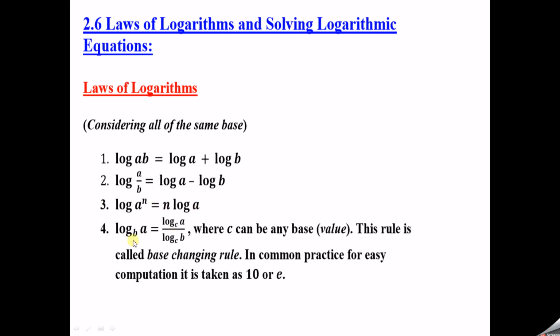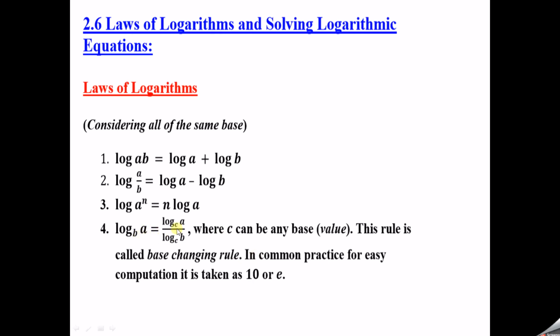And the fourth property, logarithm of A to the base B is equal to logarithm of A to the base C divided by logarithm of B to the base C. So we can introduce a new base C. Here it is called the base changing rule, where we don't have C here.